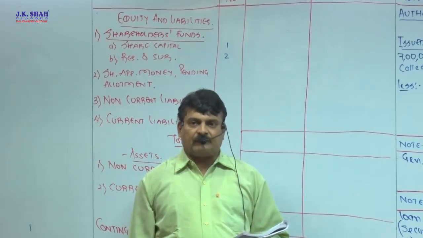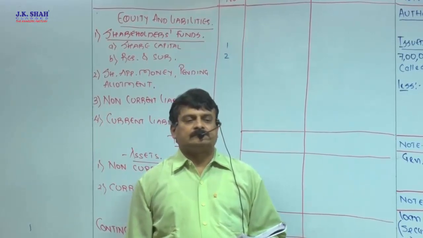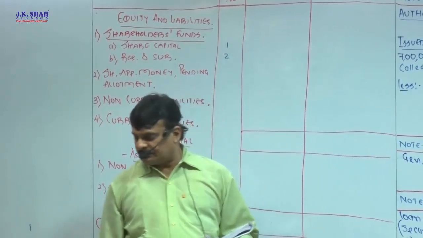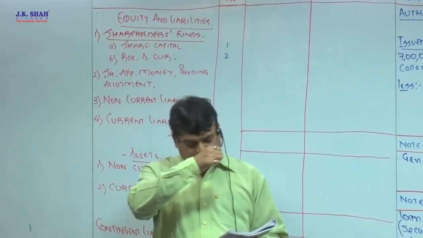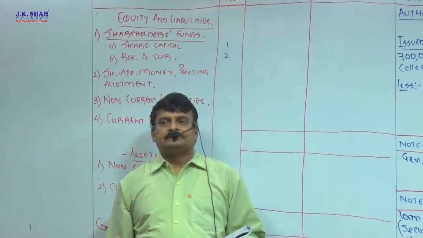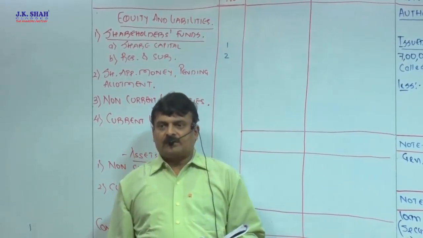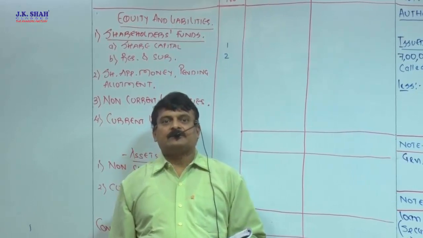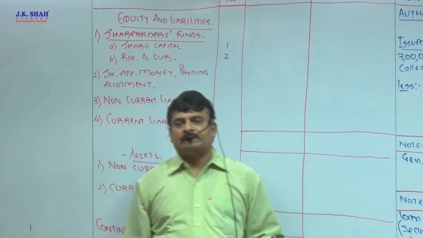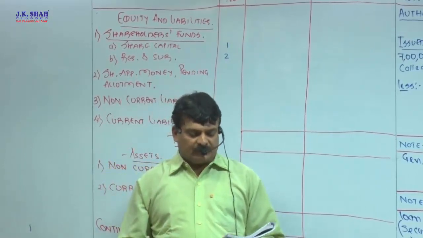Show it the same way for furniture and fixture. Cost 437,500, minus provision for depreciation.